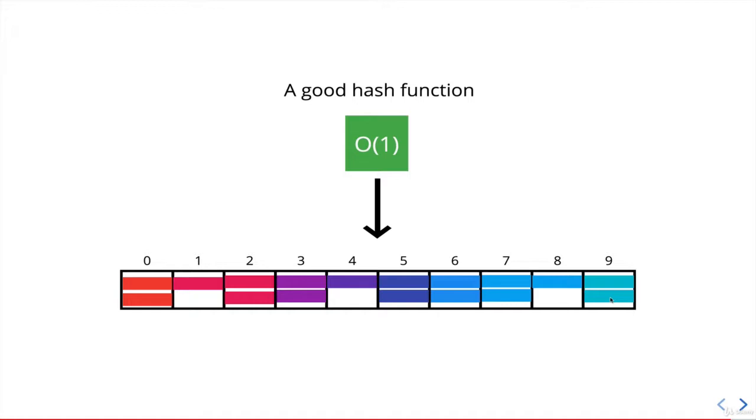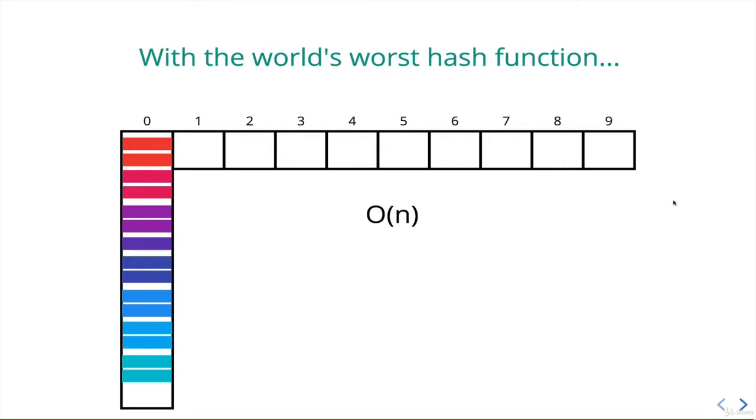But if we grew this to be 10,000 items or 20,000 elements in our hash table, we would expect it to, with a good hash function, be evenly distributed. It is possible that we could have a really bad hash function that distributes everything really unevenly, everything into one index, which would be pretty useless.